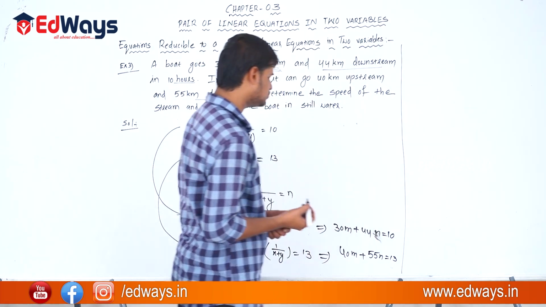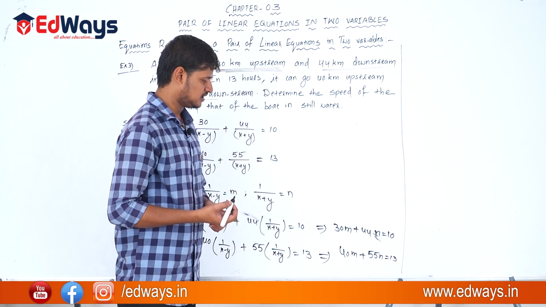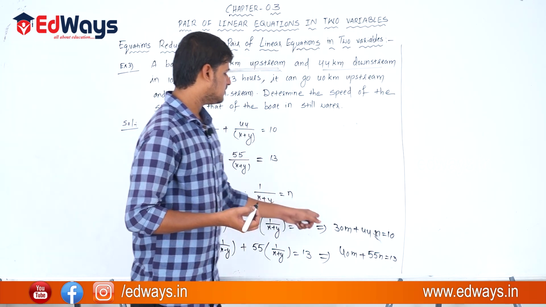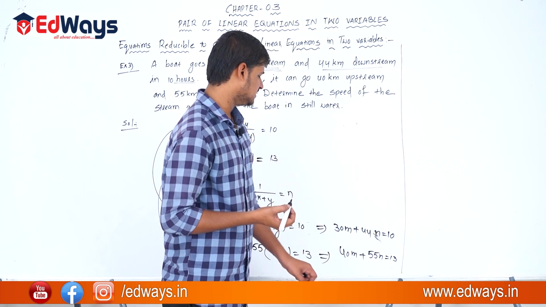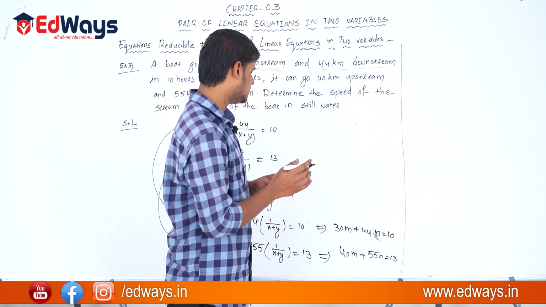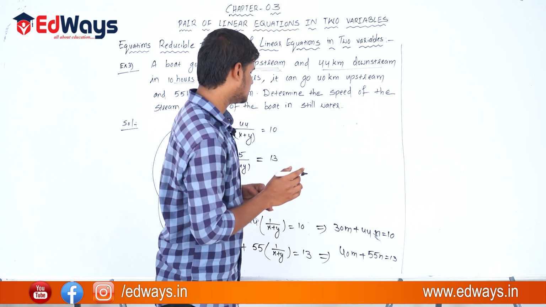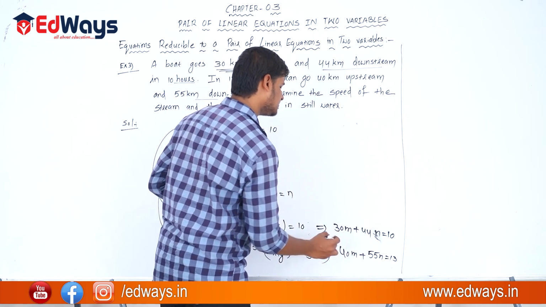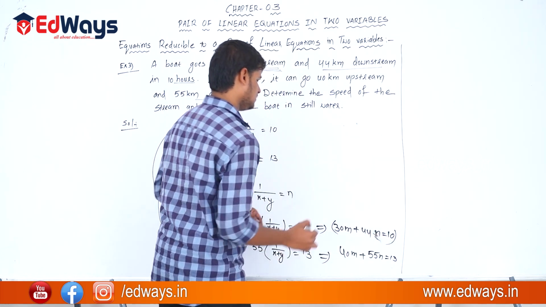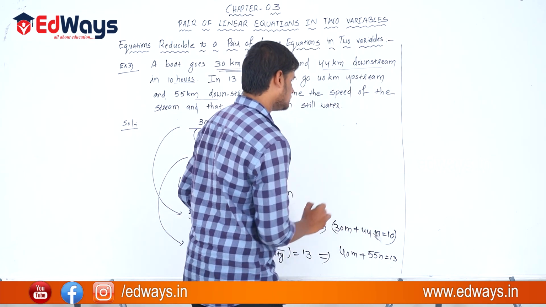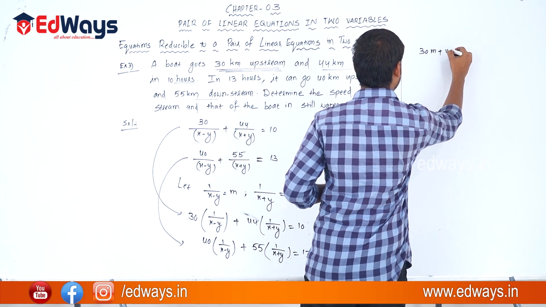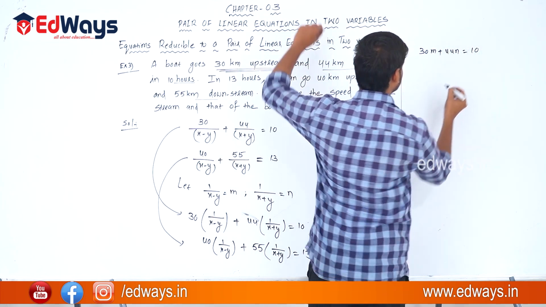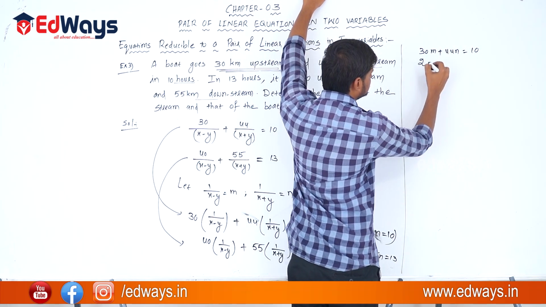Now we have to solve these two equations by any of the methods. But if we make any of the coefficients the same, it becomes a very large equation. So let me go by the substitution method. Can we simplify them further? Let's simplify. The first equation is 30m plus 44n is equal to 10, right. Let me take 2 common from both sides.